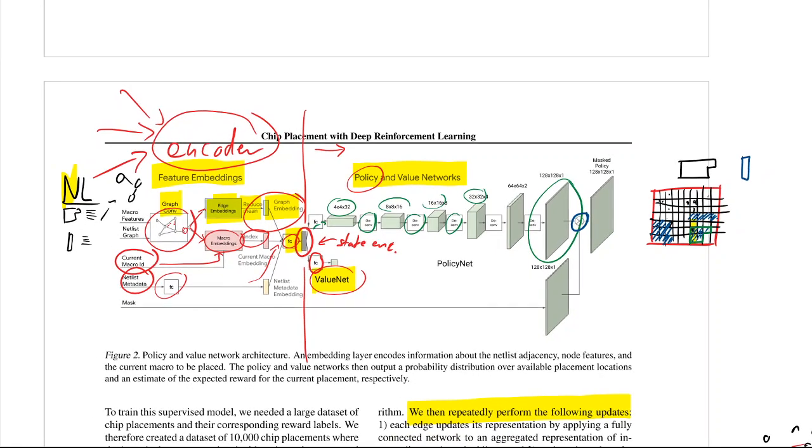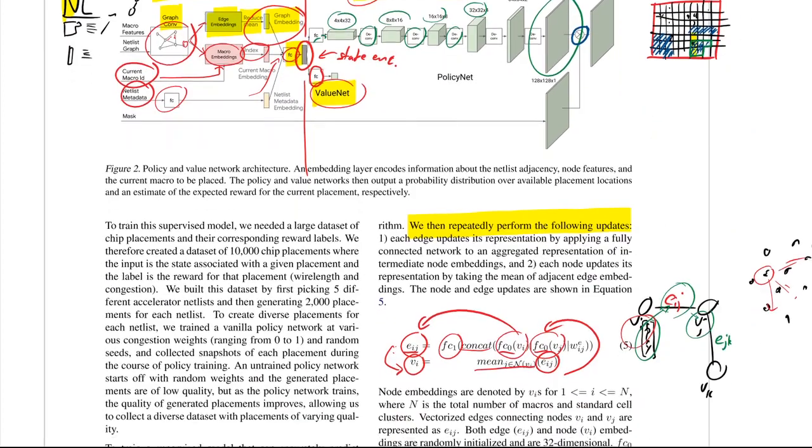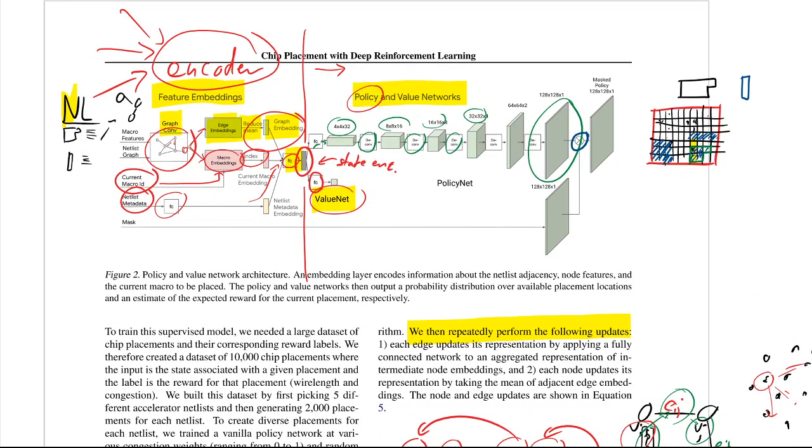And that pre-trains the encoder. But ultimately, you can train this with reinforcement learning. You can now let it try to solve this board over and over and over again, and it will get better over time.